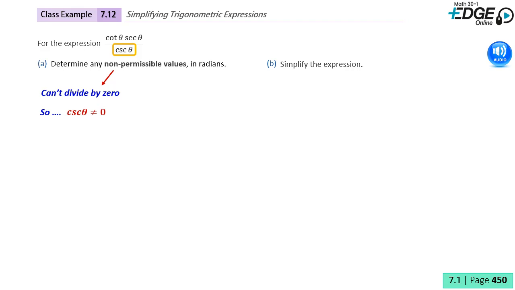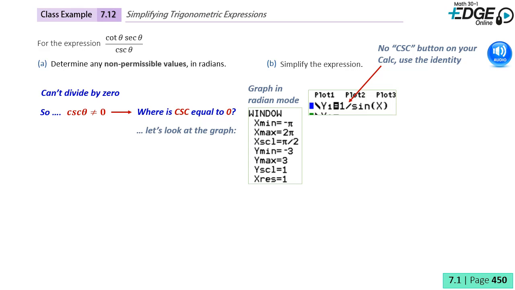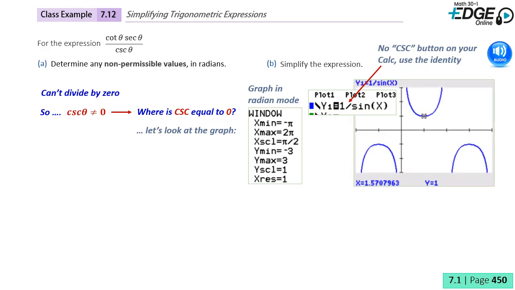In our main expression, this means that cosecant theta would not be allowed to be equal to 0. But if we check a graph for this, we'll actually find that cosecant theta, which we'll represent using 1 over sine x, never equals 0.